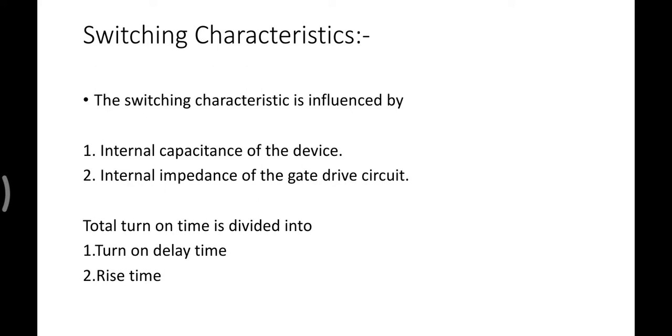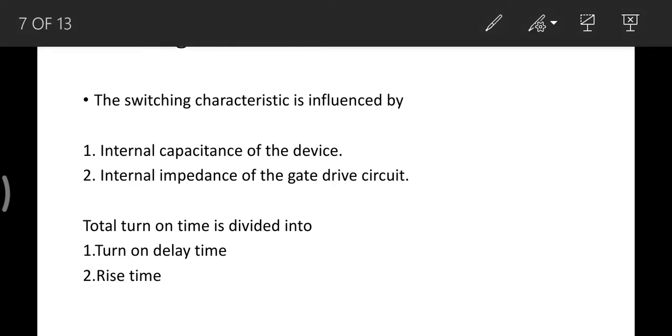Next, let us see the switching characteristics. In switching characteristics we have to discuss two levels. One is during the turn on process and the second one is during the turn off process. During the turn on process there are two divisions.